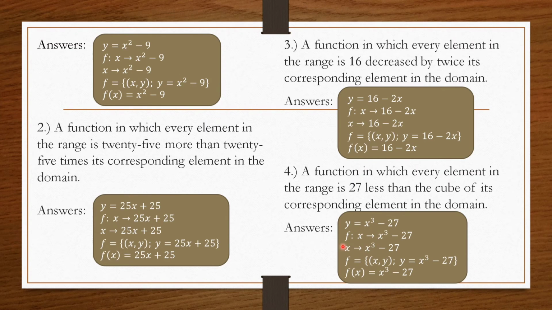Then under f, x is assigned to x cubed minus 27. And then x is assigned to x cubed minus 27. And the function f is the set of all ordered pairs x and y such that y is equal to x cubed minus 27. f of x equals x cubed minus 27.